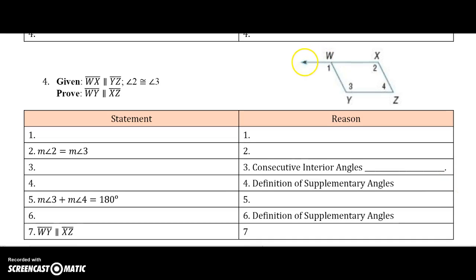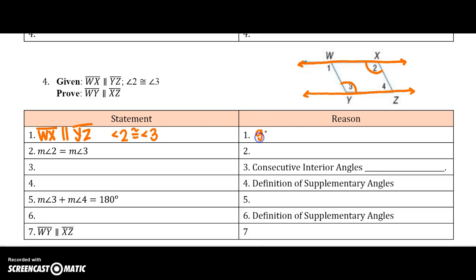I'm given that WX, and I'm going to extend my lines because sometimes when those lines stop, they get a little confusing to me, so I'm going to make it look more like a transversal. So I'm given those two lines are parallel, so I'm going to go ahead and write that in my proof. WX is parallel to YZ. And I also know angle 3 and 2 are congruent.